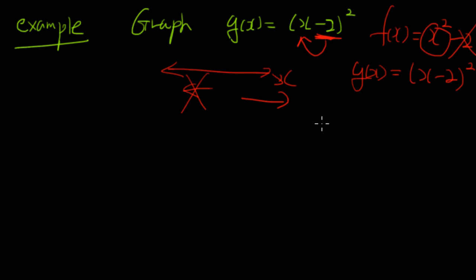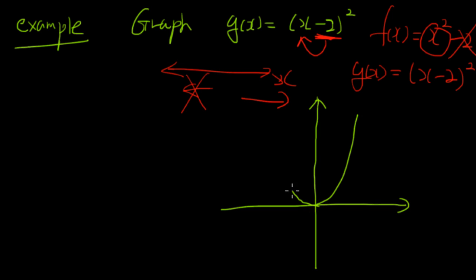So let's say the original f of x looks like this. Now, because of that minus 2, we are going to move by 2 units.